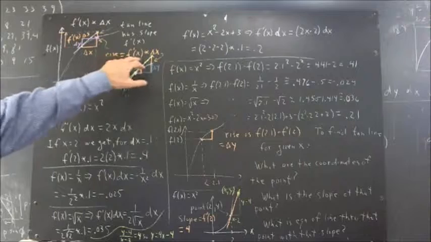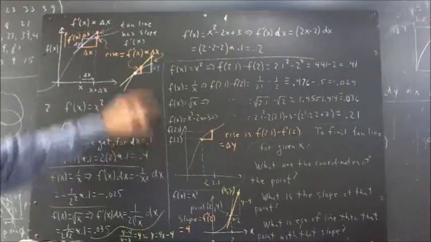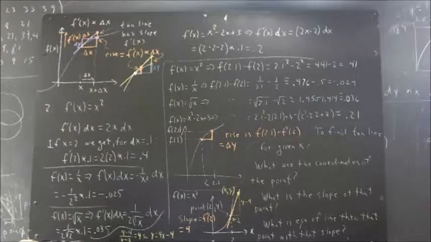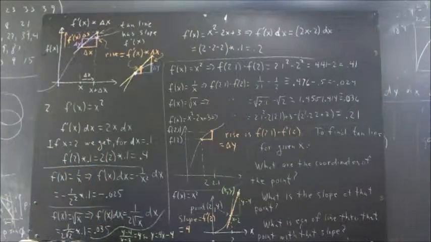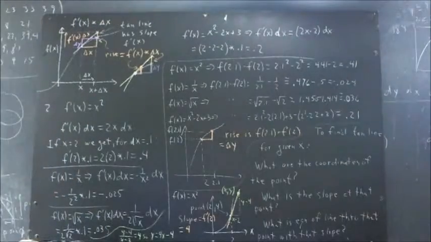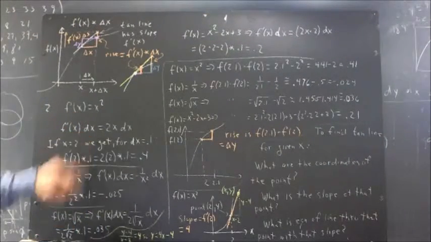And that's what happens when we calculate the rise as f prime of x times delta x. That moves from one point of the tangent line to the other. So if we compare these results with these, we're comparing the exact change in the value of x to the value that's approximated by doing f prime of x dx.